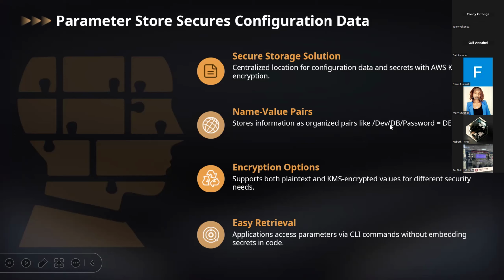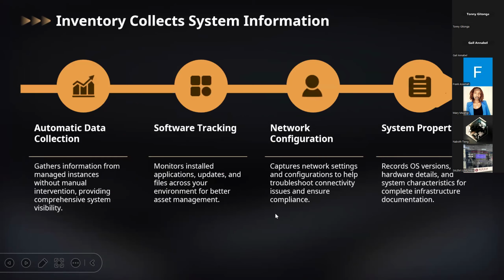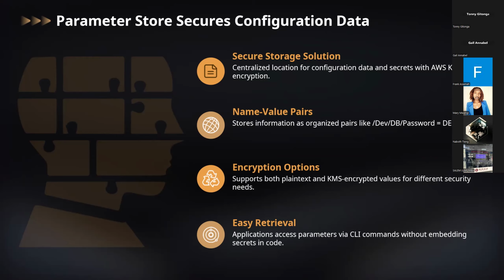Like this one, it's a password for a database in development. Encryption options support both plain text and KMS encrypted values for different security needs. It supports encryption, easy retrieval. And applications access parameters via CLI command without embedding secrets in code.